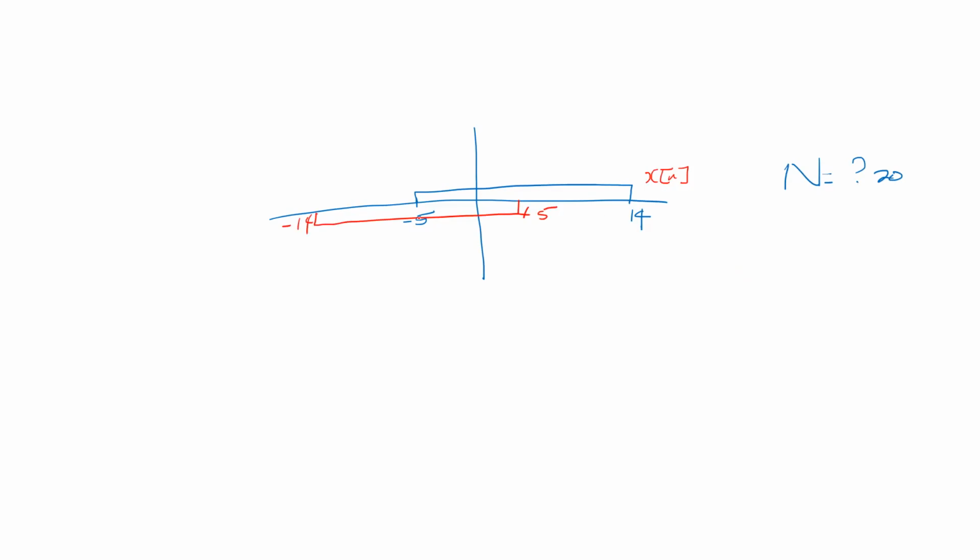So you're running from +5 to -14 there. How many samples is the overlap zone? The overlap zone is here to here. How many samples is that? How many samples in that overlap?